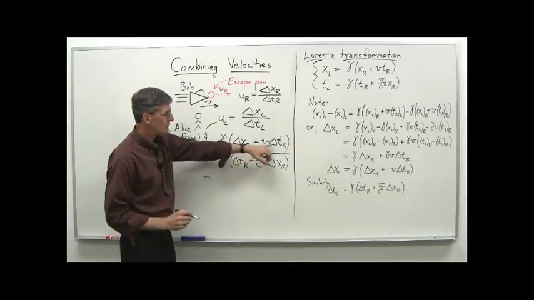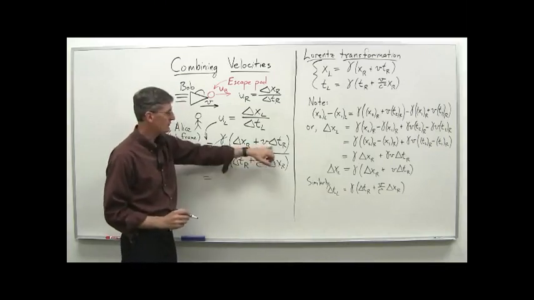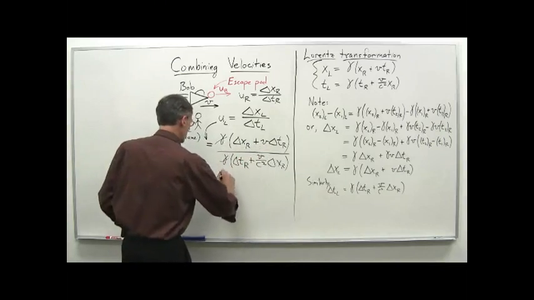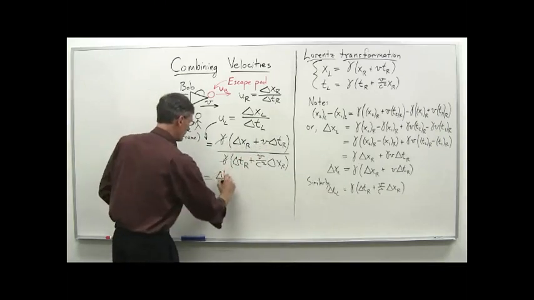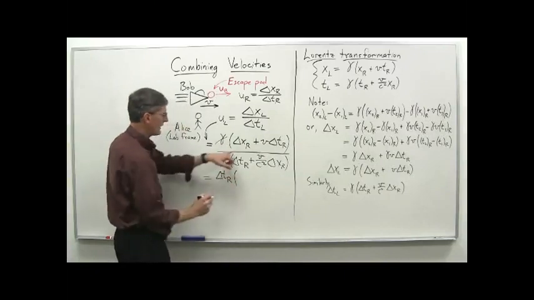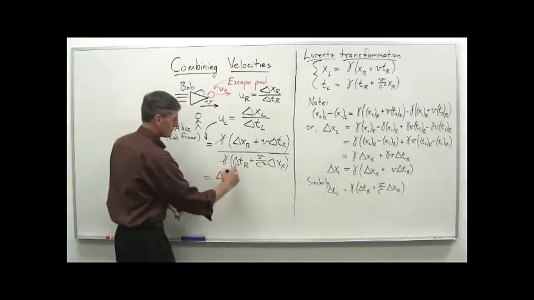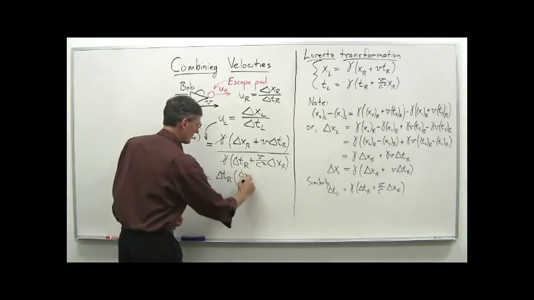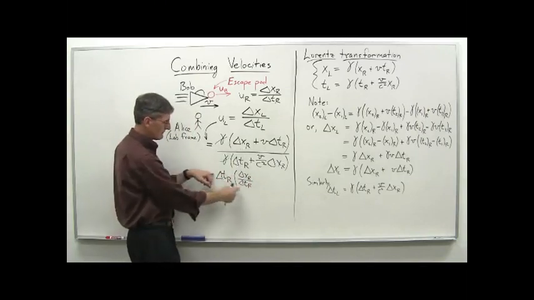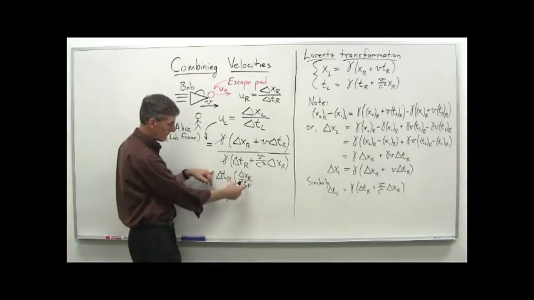Let's factor out a delta t sub r from each of these terms here, and rewrite this and see what we get. So remember the gammas cancel, so we don't have to worry about those anymore. So I've got delta t sub r times, well, this term then becomes delta x sub r over delta t sub r, right? This term here, delta x sub r, can be written in this form, delta t sub r times this. In the denominator here, that cancels.